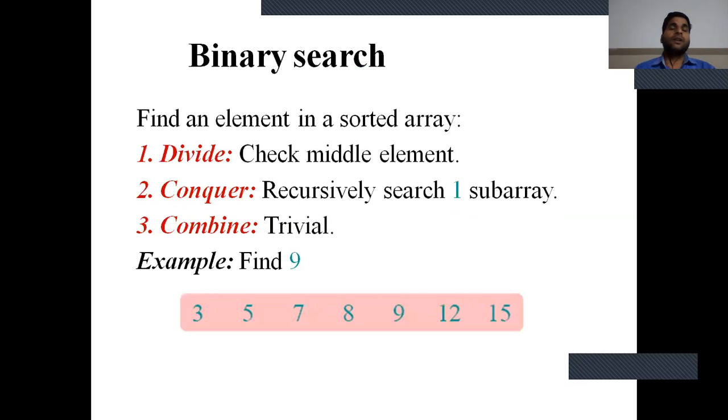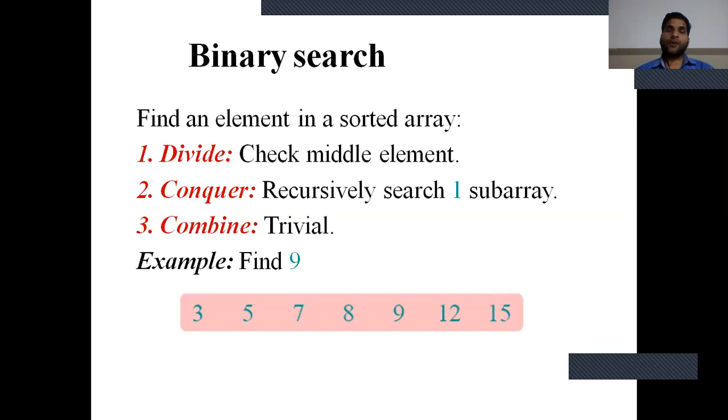So we show the example of binary search. Given the array 3, 5, 7, 8, 9, 12, 15, we want to search for the element 9.